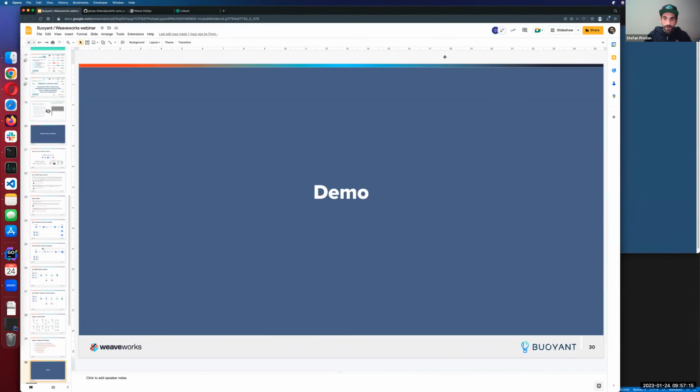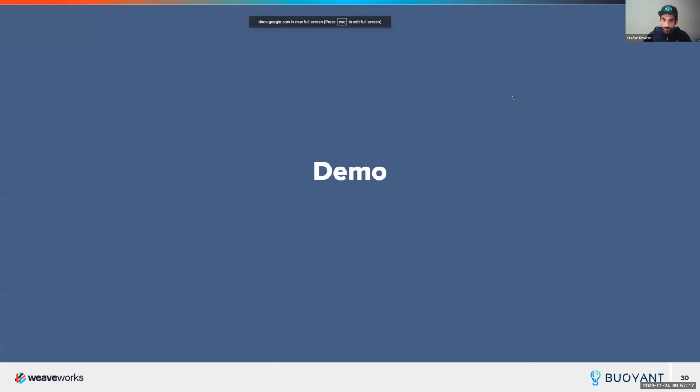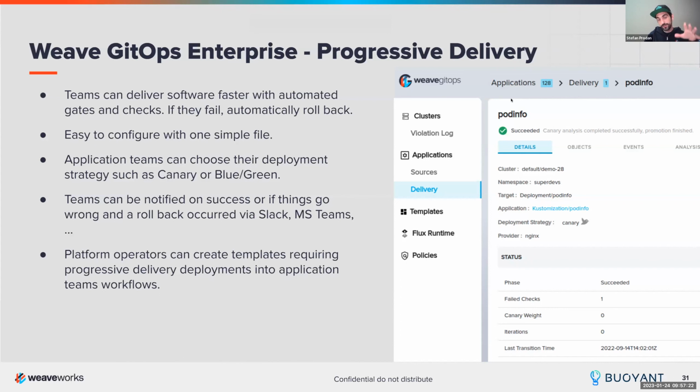Going back to the presentation. Going to say a few words about Weave GitOps Enterprise and progressive delivery. So if you switch to Weave GitOps Enterprise from the open source edition, you have a dedicated UI for monitoring the delivery process with Flagger and canaries, and it shows different things than Linkerd.